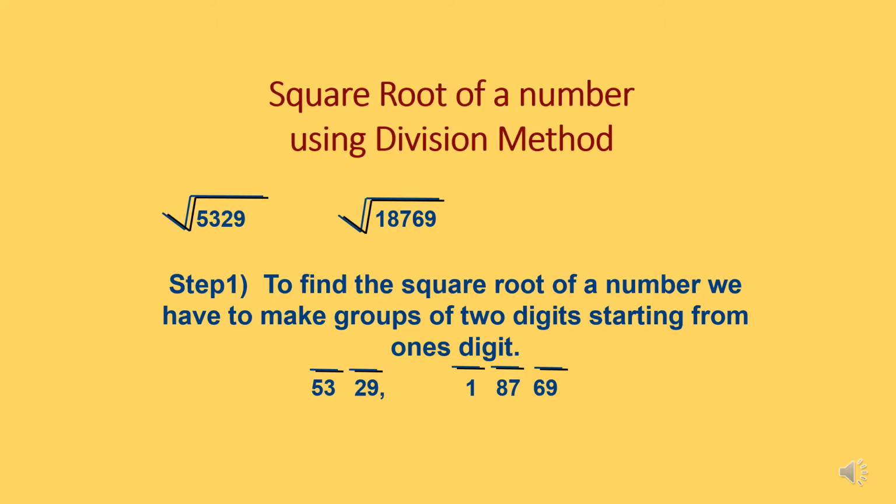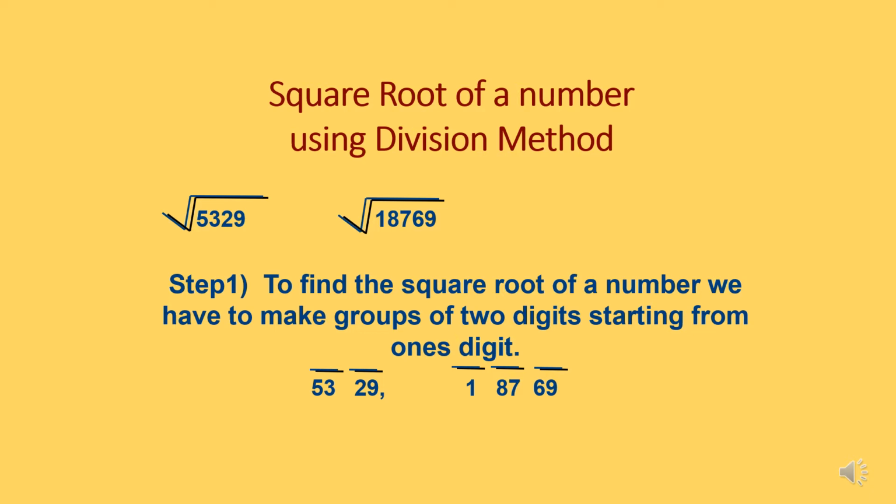Let's try to learn the division method to find the square root of a number. We are taking two examples here. One number we are taking is 5329, the other one is 18769.